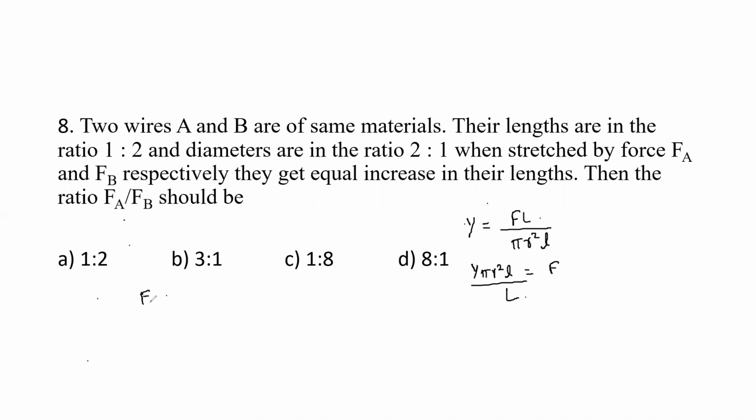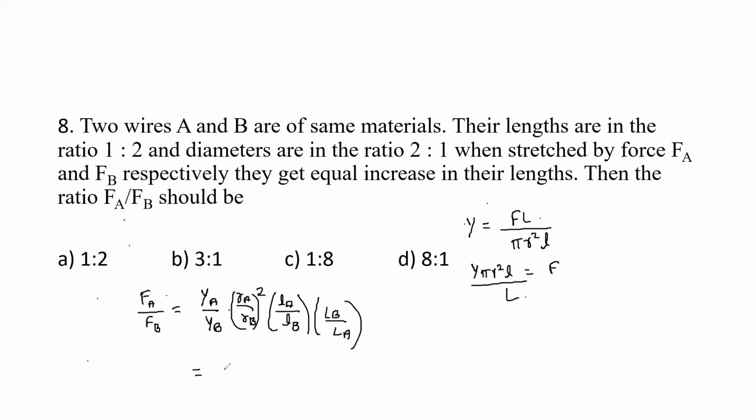It becomes FA divided by FB is equal to YA divided by YB into pi r square. Pi will get cancelled. So r square is written as RA divided by RB, its whole square, and LA divided by LB into LB divided by LA.